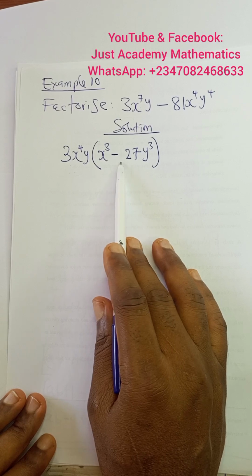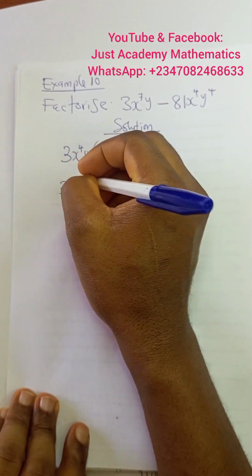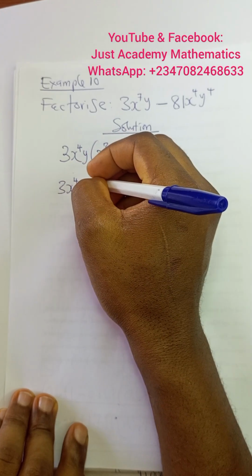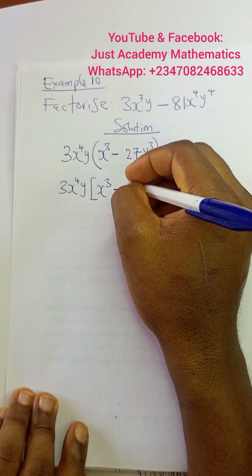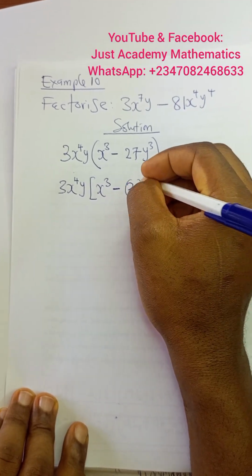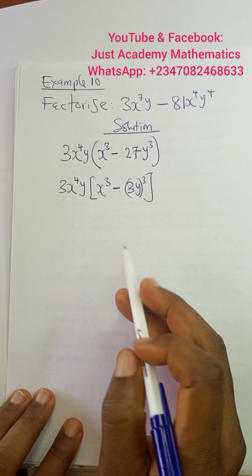So we can apply the cubic identity. So this is 3x raised to the power of 4y times x raised to the power of 3 minus 3y raised to the power of 3. So we can apply the cubic identity for power 3 there.